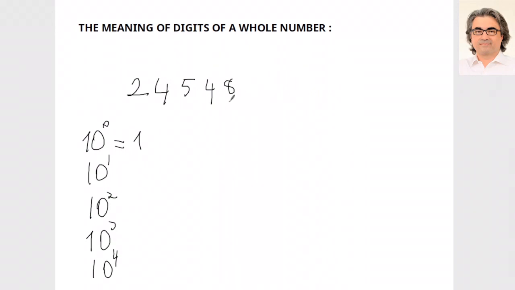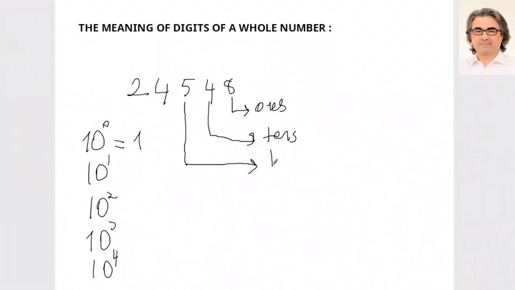So the first digit from the right represents the number of ones. What about the meaning of this digit? It represents the number of tens. So what about 5? 5 describes the number of hundreds.